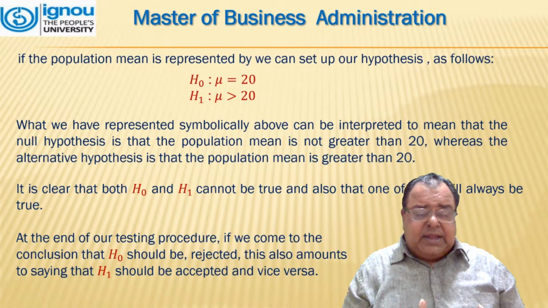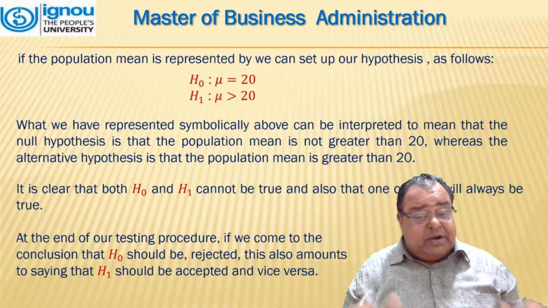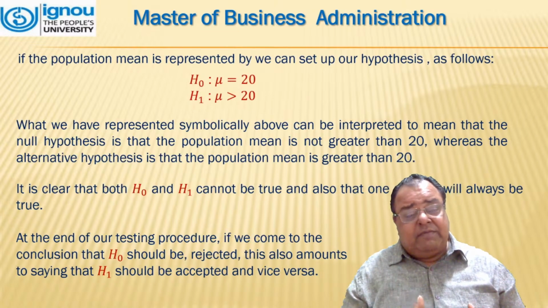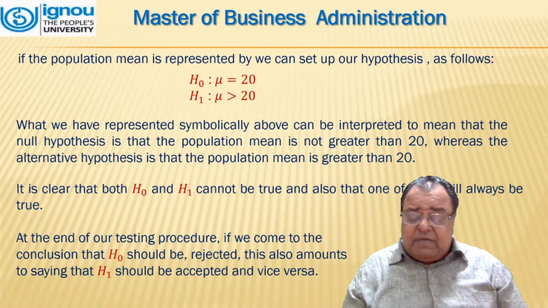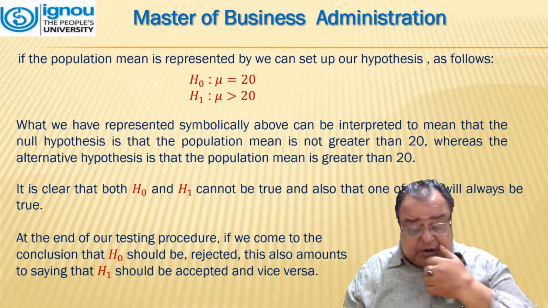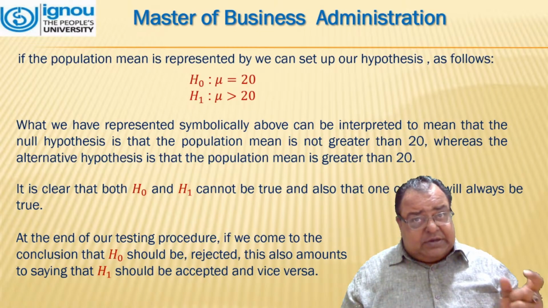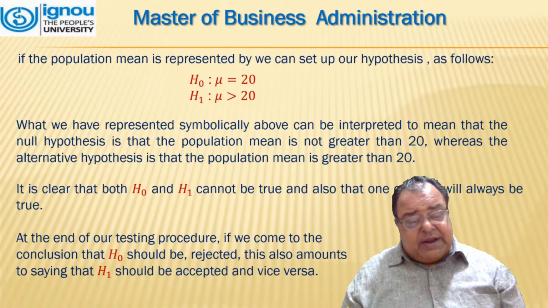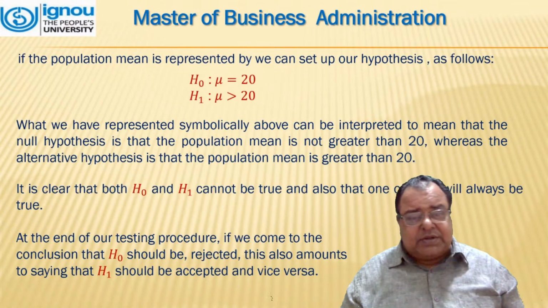It is clear that both H0 and H1 cannot be true, and also that one of them will always be true. At the end of our testing procedure, if we come to the conclusion that H0 should be rejected, this also amounts to saying that H1 should be accepted, and vice versa.